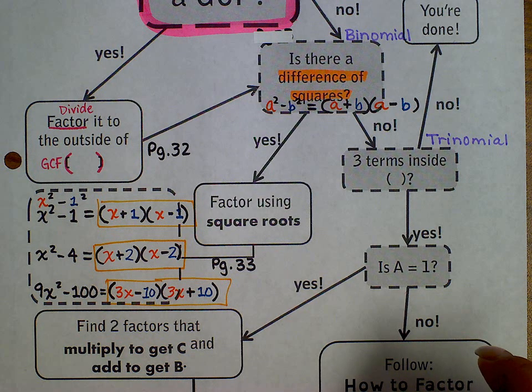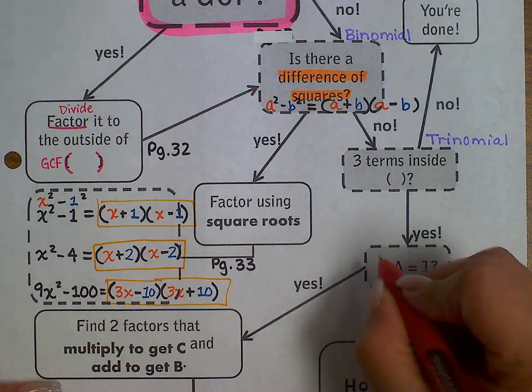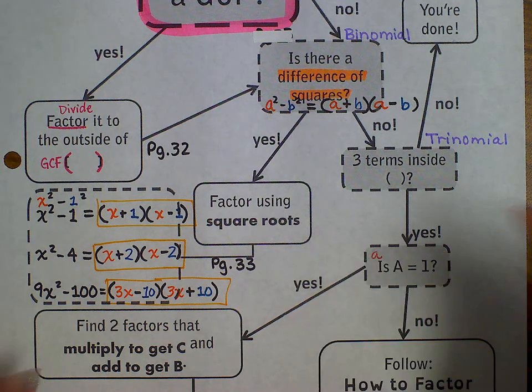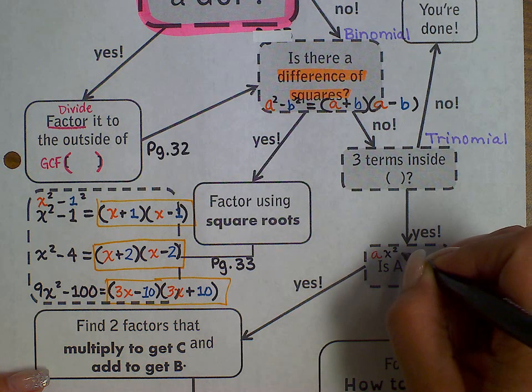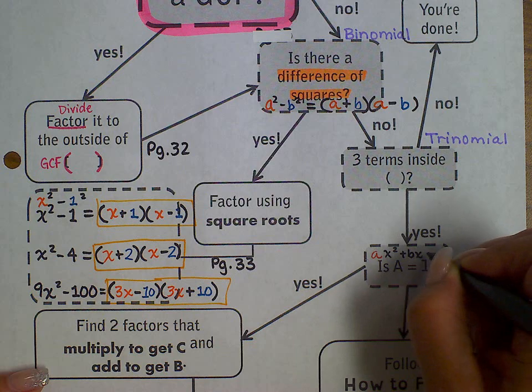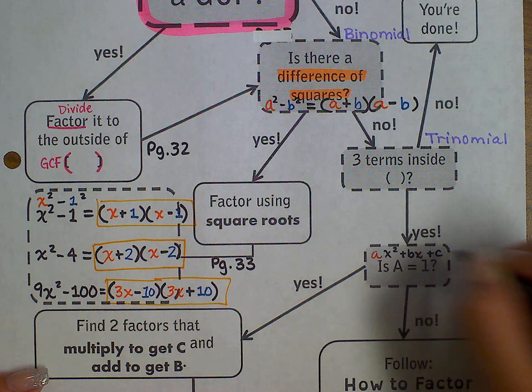Maybe look at page 34. What A are they talking about? So that's the A from ax squared plus bx. What is that A called?